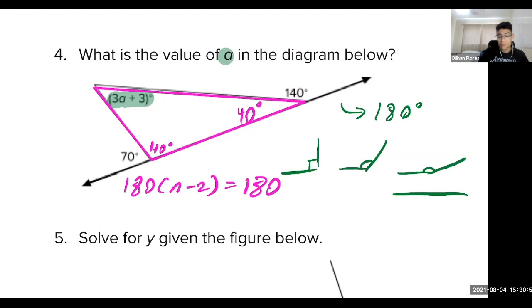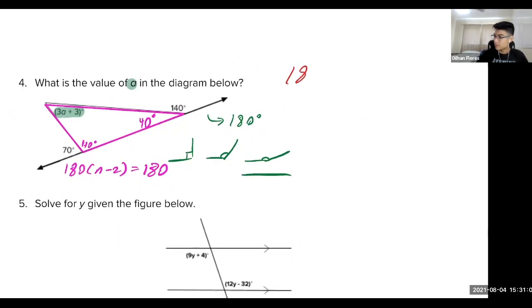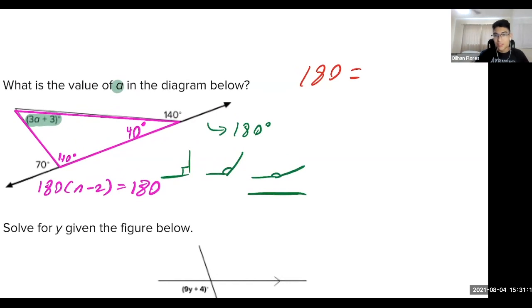Now let's make an equation. We have 180, and that's going to be equal to angle 1 plus angle 2 plus angle 3. We add up all the angles, it gives us a total. Makes sense.